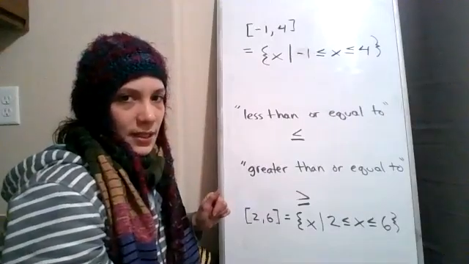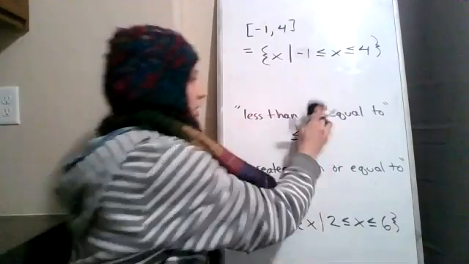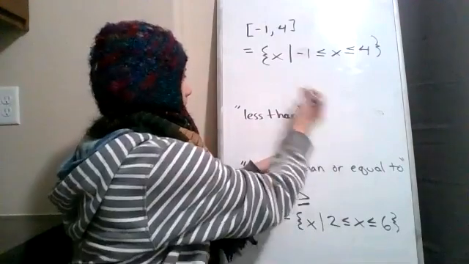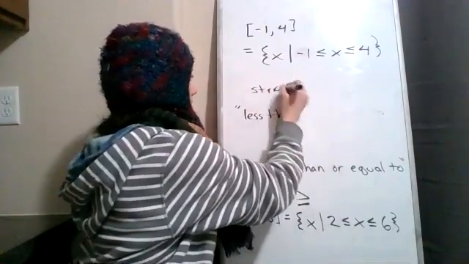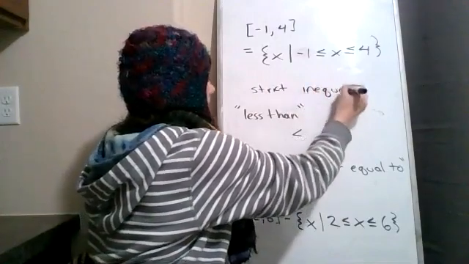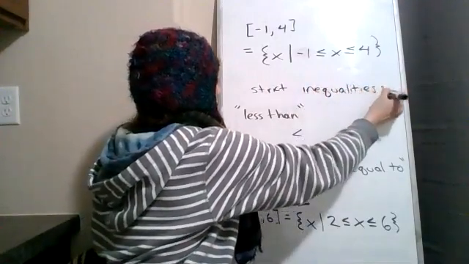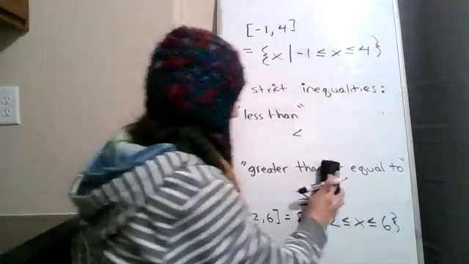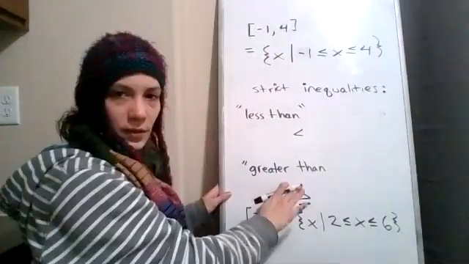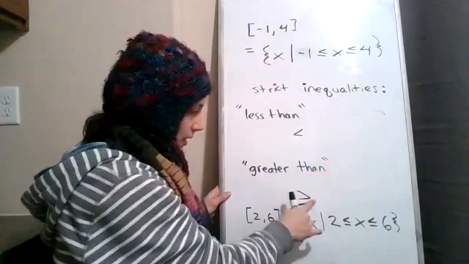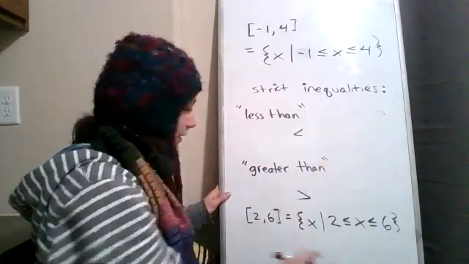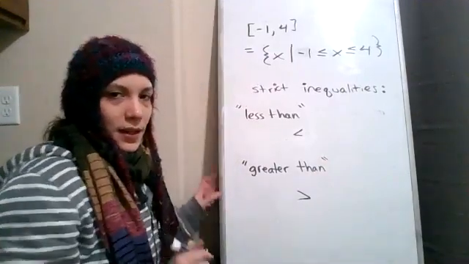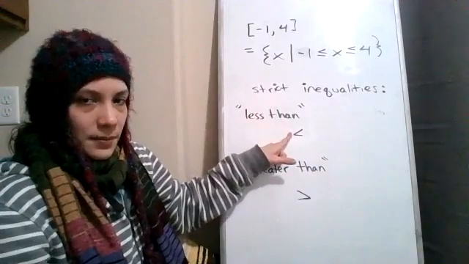Okay, strict inequalities, like just less than, look like this. And just greater than symbol is that sign, so greater than.